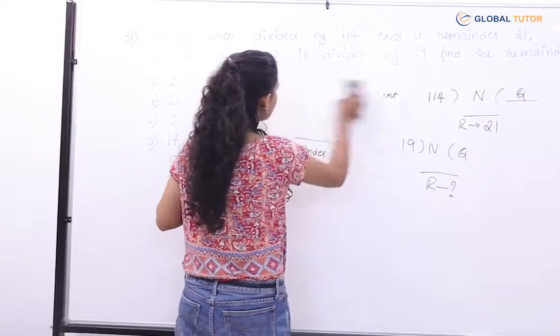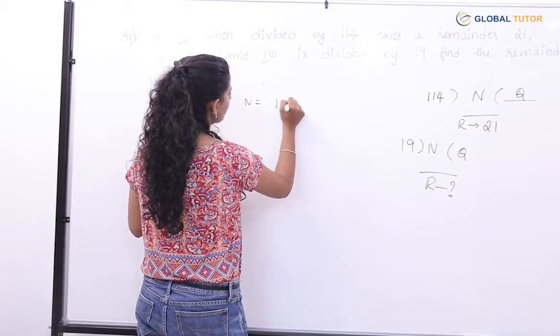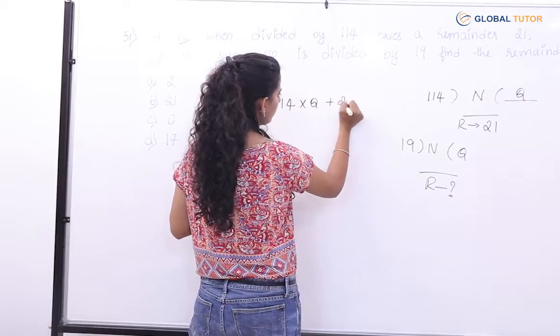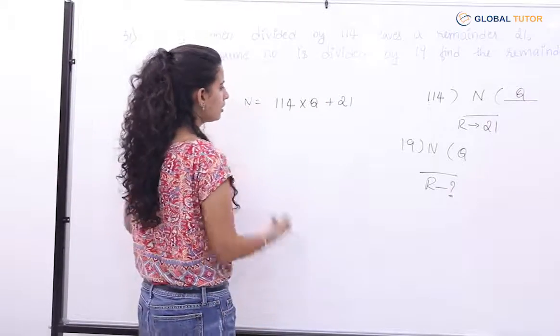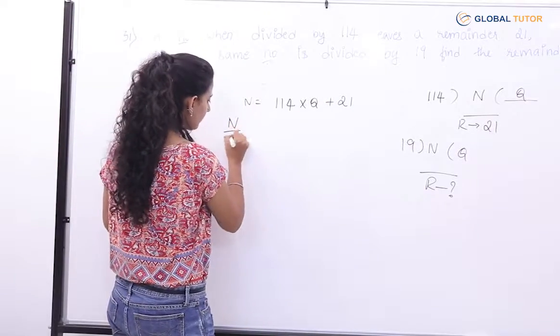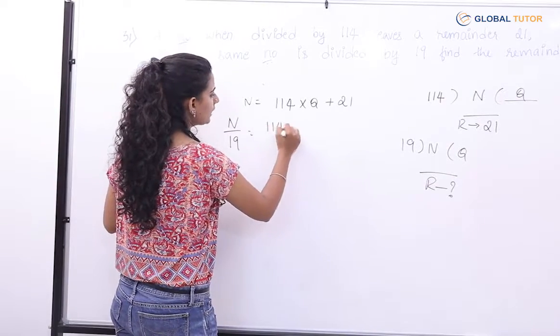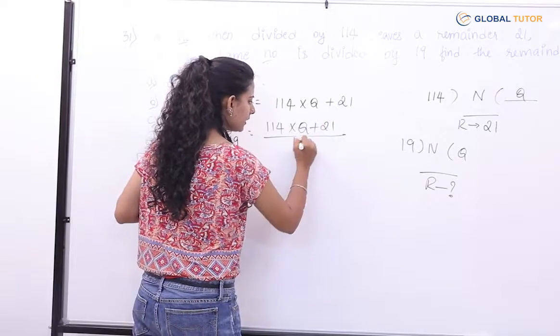Now, how can we write n? n will be 114 into q plus 21. And they said the same number is divided by 19. So n is divided by 19. What is n? n is 114 into q plus 21, which will be divided by 19.